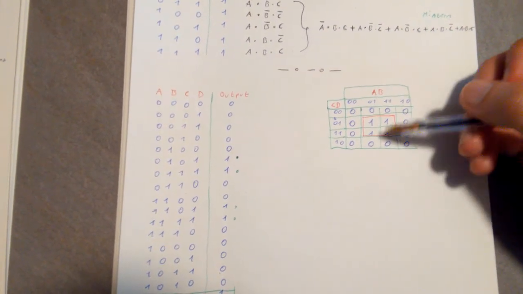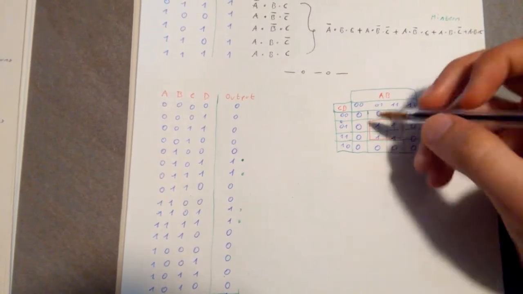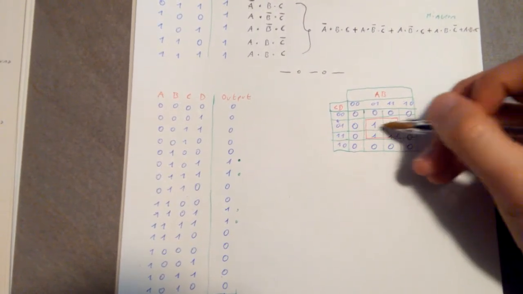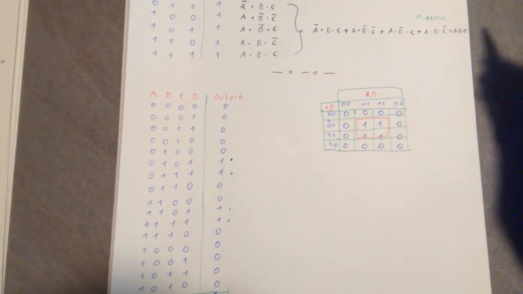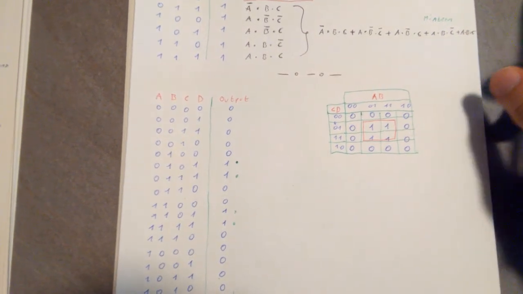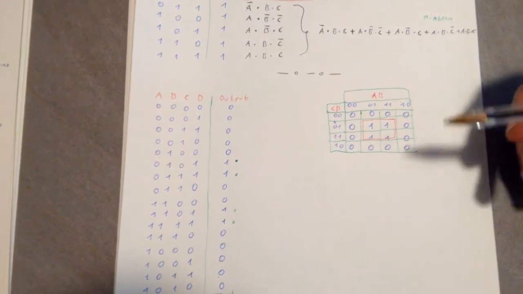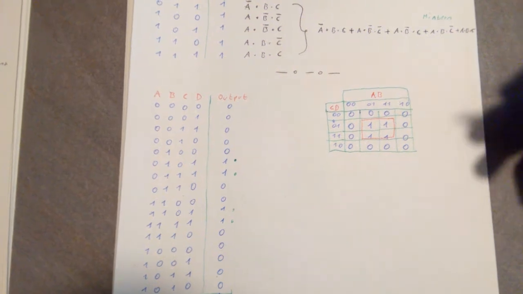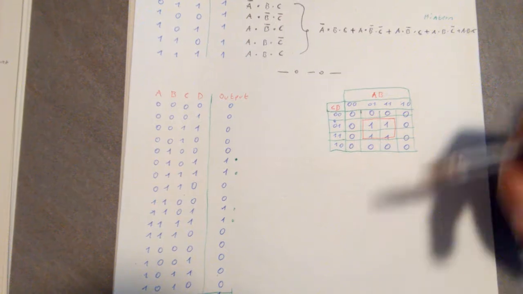The reason is that, sure, I could make a group of 1 or a group of 2, like this and this, or these 2 and those 2, but there is no point in doing that, because such a group wouldn't be the largest possible group. If they're not the largest possible group, they're not going to give me the shortest possible expression, so they're not useful.